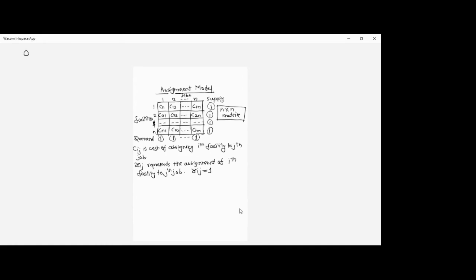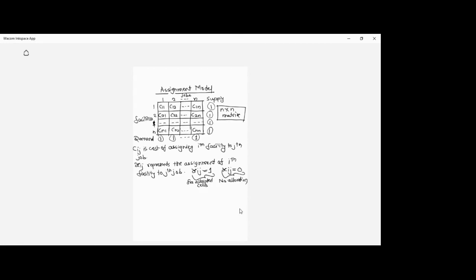For allocated cells it will always be 1, and Xij will be equal to 0 where we are not going to do any allocation. This is very important. Xij is equal to 1 because we have supply as 1 and demand as 1. We cannot split our resources. So the Xij value for a particular cell will be either 1 or 0. It is very, very important.